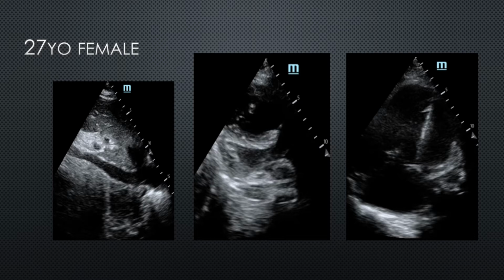Well, certainly the fact that she's young and healthy means the RV dilation is more likely to be from a PE. So if she was too unstable to go to a CT, then yeah, it might be reasonable to thrombolize her. So I hope those two cases demonstrate how the finding of RV dilation really depends on context.